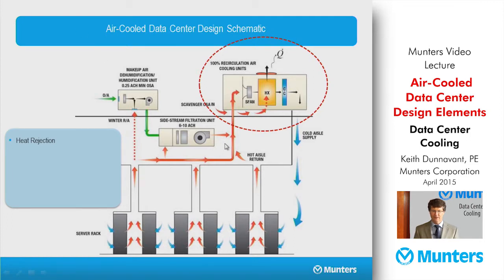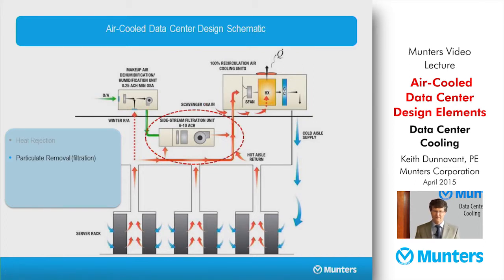We are taking return air from the contained hot aisle, and we have a supply fan pushing it through some form of cooling and ultimately rejecting the heat to the atmosphere, delivering cool air back into the data hall to the servers and repeating the process. So this is the first thing you need to do: manage your thermal loads by proper heat rejection.